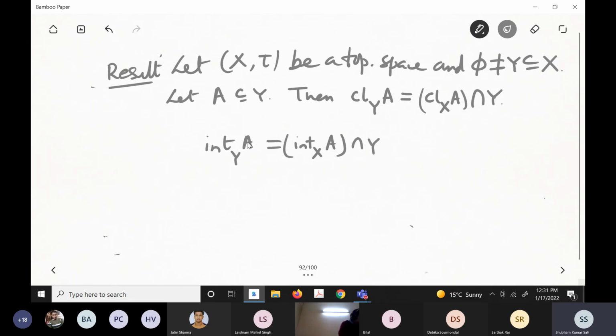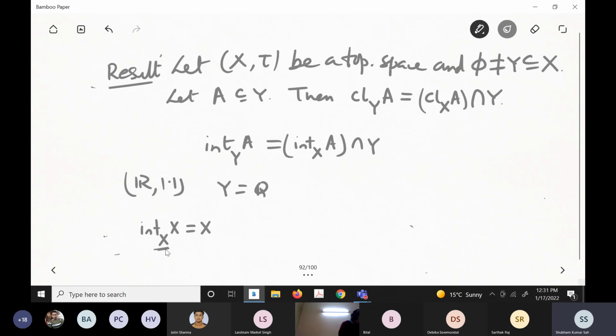Let us see. Now, take X equal to the reals and Y equal to Q. You should understand one thing: in any topological space, the interior of the whole space is always itself, because it is itself open.